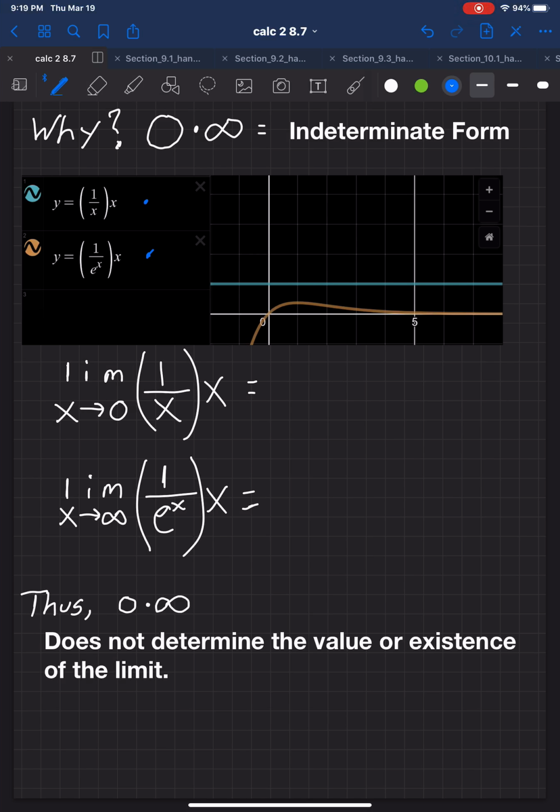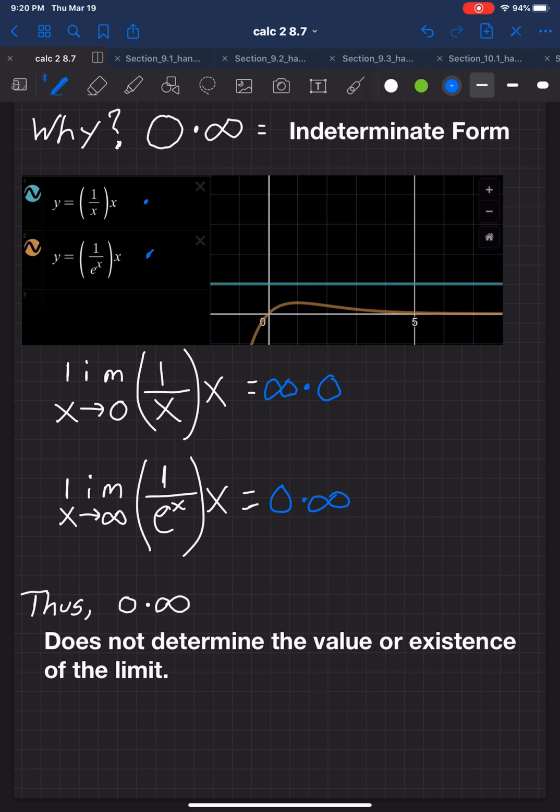So I'm going to come back to the geometry there for just a second. But look, if I were to evaluate the limit as x approaches 0, think about it. 1 over x as x is approaching 0, both of them lead to infinity times 0, and 1 over e to the x as x is approaching infinity leads to 0 times infinity.